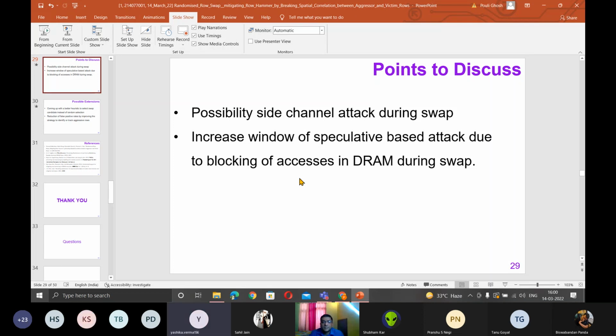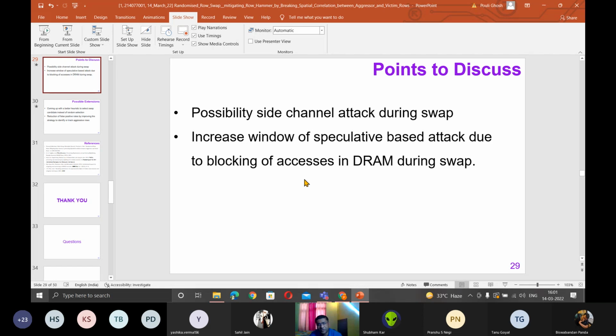Hi Prakash. My question is, on the current slide, what is this possible side channel attack during swap? What do you mean by this? So when a swap happens, suppose there is an attacker process and some other process, say process 1 and process 2. Suppose process 1 has made an access and at that time a swap started.